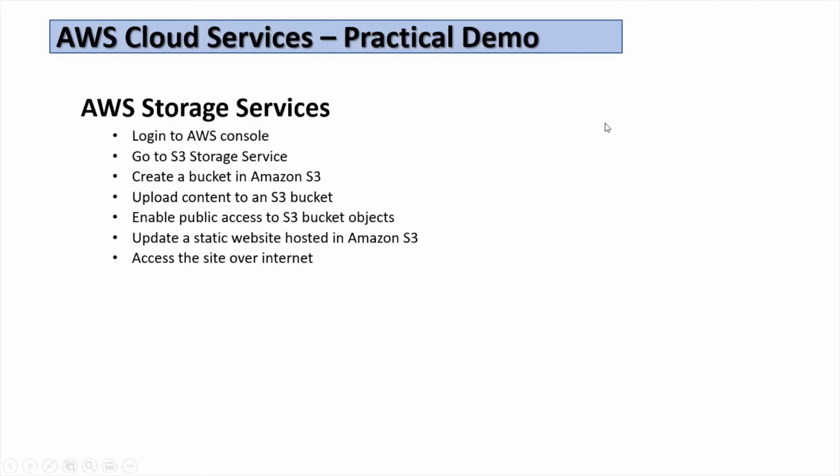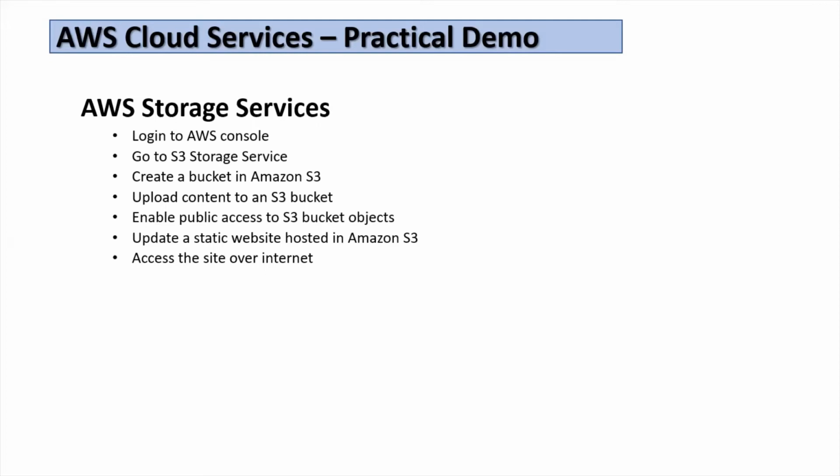So we will log into AWS console and then go to storage services, and we will create one S3 bucket, and then we will upload our content for the static website, and enable public access to those objects in the bucket, and we will update the content for the S3 static website, and then we will access that website over the internet.